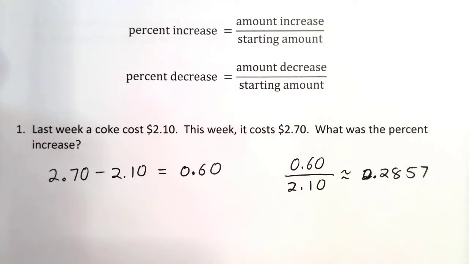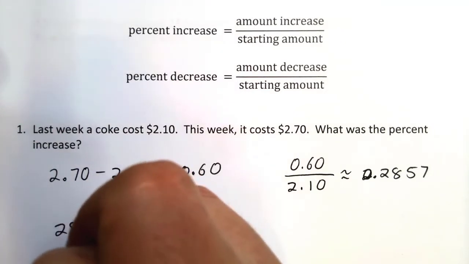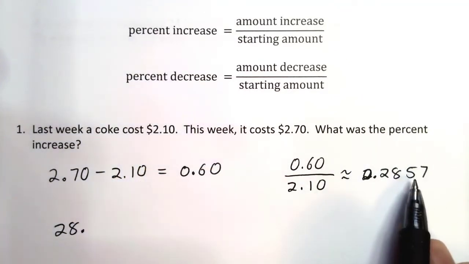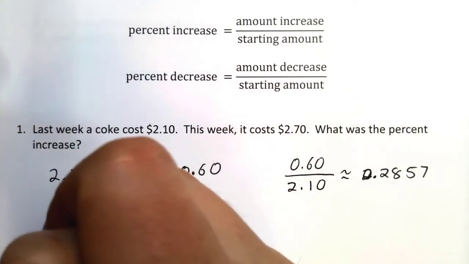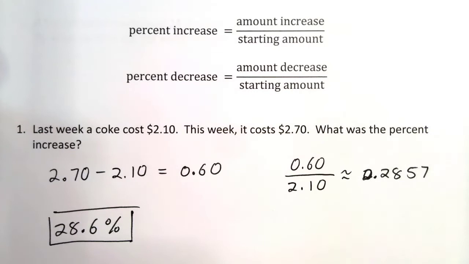Now let's write that as a percent. Let's round it to 1 decimal place. So the percent increase would be 28 point... Now I won't write 0.5 because the next number is 5 or greater, so I round this up to a 6. So there is my percent increase.